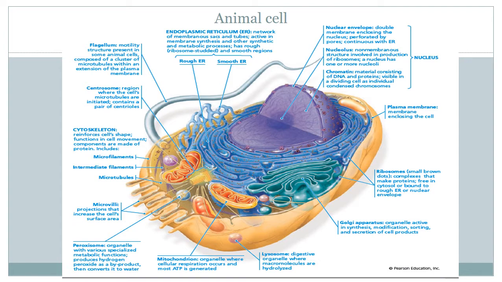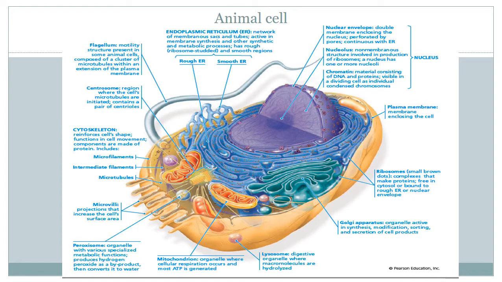Microvilli are projections that increase the cell surface area. Microvilli you find in cells lining the gut to increase the surface area for absorption. Then you find the microtubules, intermediate filaments and microfilaments which form the cytoskeleton of the cell. All this forms the cytoskeleton and reinforces the cell shape and functions and cell movement.